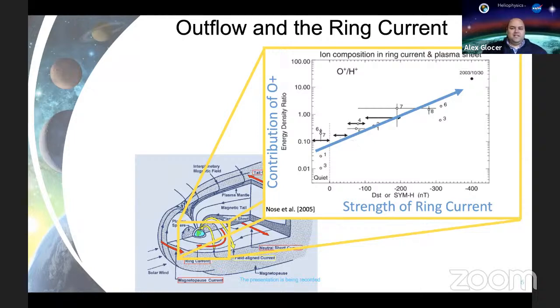What you see is that for stronger events, you get a larger contribution of ionospheric plasma. So if you want to understand the magnetosphere and where the plasma comes from during strong events, you have to understand the source from the ionosphere, the internal source of plasma.